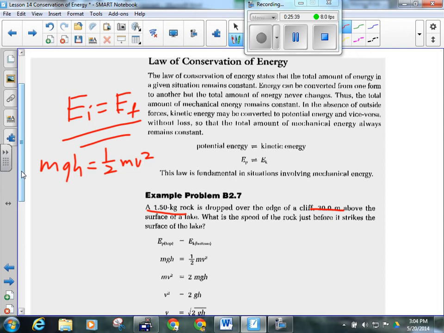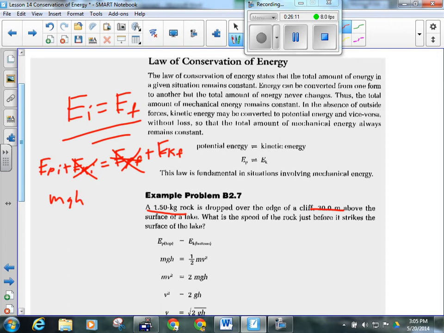What is the case in every law of conservation of energy question is this: the initial potential plus the initial kinetic equals the final potential plus the final kinetic. We simplified this because if I'm dropping it, it's not moving and doesn't have any kinetic energy at the beginning, and since it's hitting the lake at the end, it doesn't have any potential at the end.